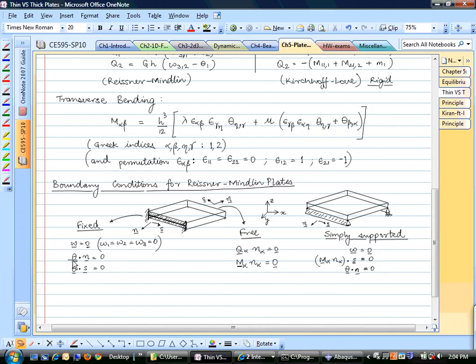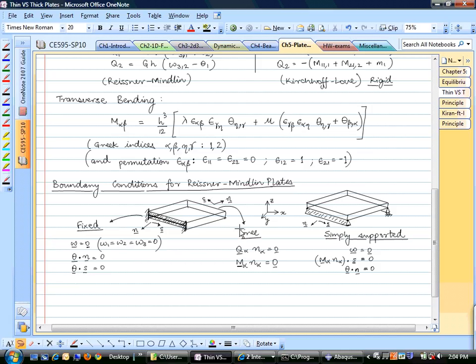We have 1 boundary condition here because this is a scalar, theta dot with n and theta dot with s. N is the normal vector to the face, s is the tangent vector to the face. So 2 more boundary conditions, 5 total boundary conditions on each edge for Reissner-Mindlin plates. This is consistent with what we had done for the equilibrium equations. We had 5 equations which had derivatives, so we have 5 boundary conditions.